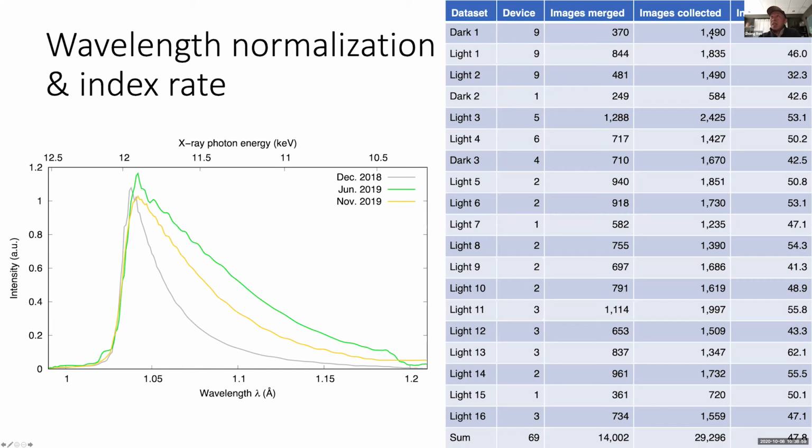And we collected this many images from all these devices. And then these are the images eventually merged into the final data set. And this rate, I would call it the index rate. So this is not only the hit rate, but the index rate out of how many images you actually used. And overall, it's about half.